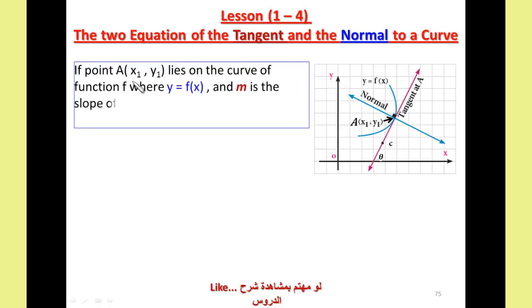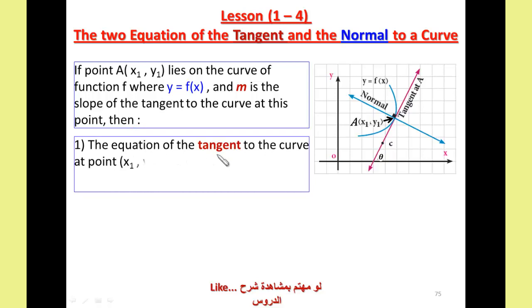If a point A of coordinates x1 and y1 lies on the curve of function f, this curve y equals f of x, and m is the slope of the tangent to the curve at this point, then the equation of the tangent to the curve at the point x1 and y1 is y minus y1 equals m multiply x minus x1. x1 and y1 is a point lying on the curve and the tangent. m is the slope of the tangent.